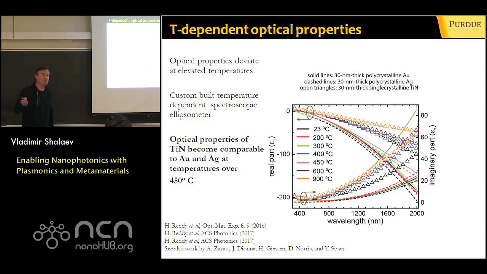At higher temperatures, silver and gold simply don't survive normally when nanostructured, whereas titanium nitride just remains stable and you could still use it. So that's a very important thing to know, how these optical properties vary with temperature. And now we are well equipped in that regard, thanks to very hard and systematic work performed by Harsha.